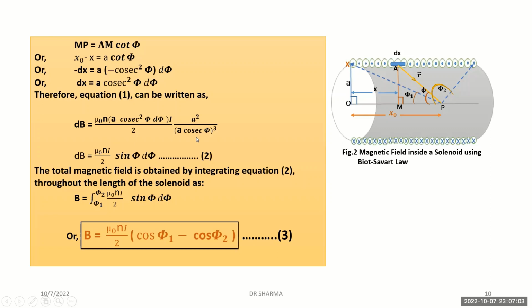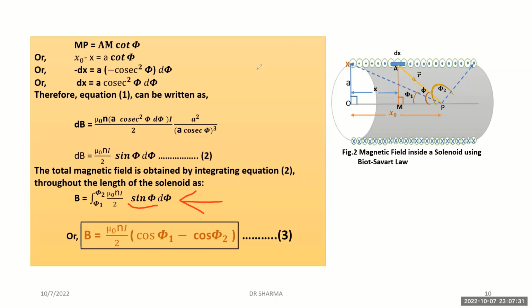This integration is just similar to that of the case of straight conductor. Integration of sin phi is minus cos phi, and after substituting the limits, you get mu naught n I by 2 (cos phi 1 minus cos phi 2). This is the most general expression. This is true for a solenoid of finite length.